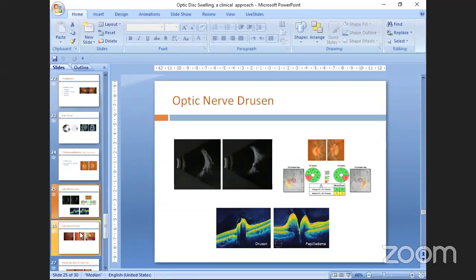Is there complete resolution of disc swelling if we treated the patient urgently, quickly, especially in cases of toxic insult or ischemic insult, and does the nerve return to normal looking or go to pallor or atrophy even if we treated?